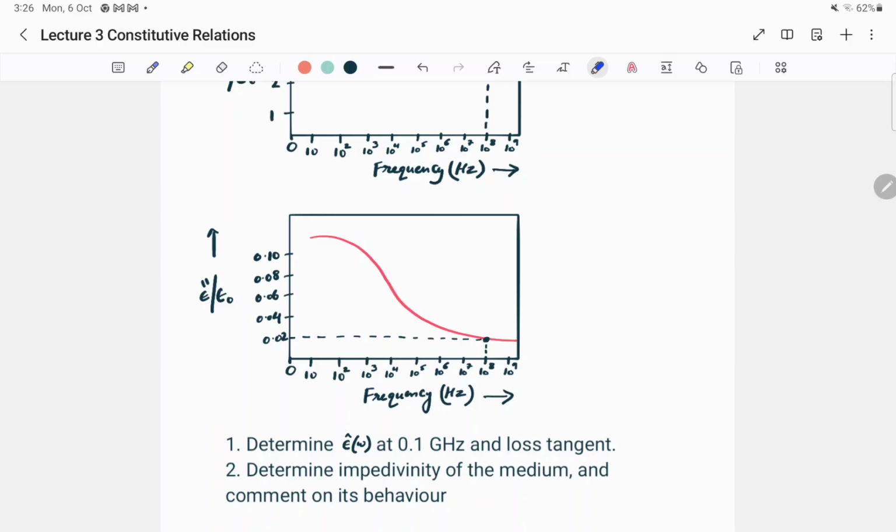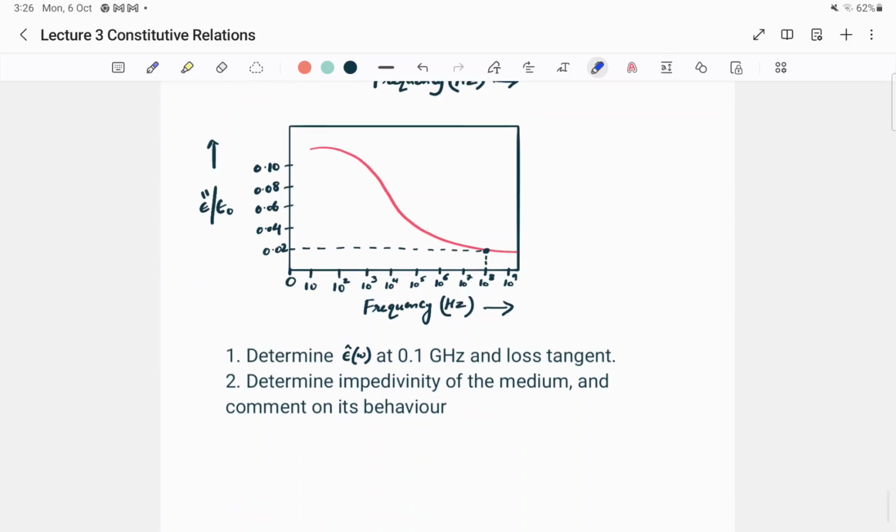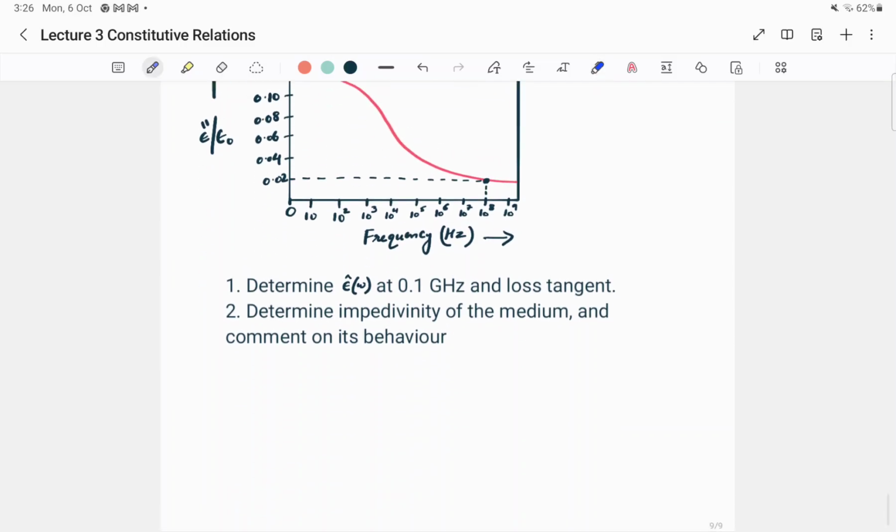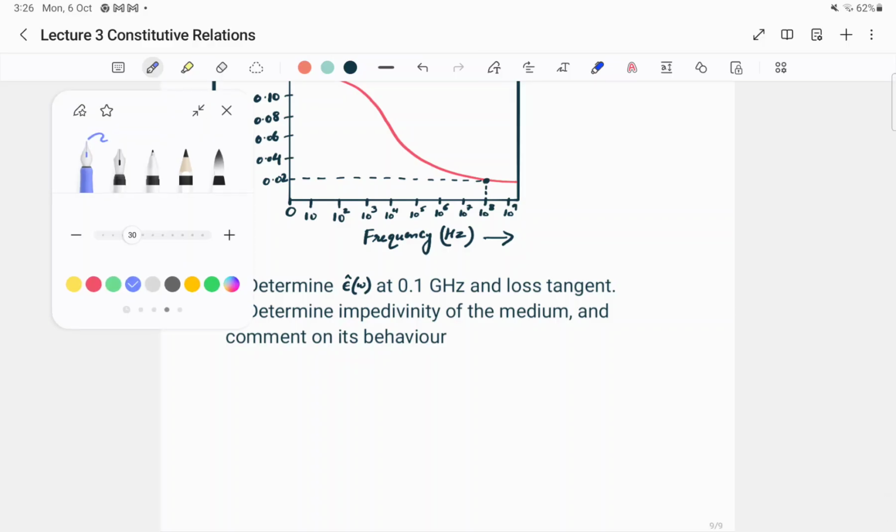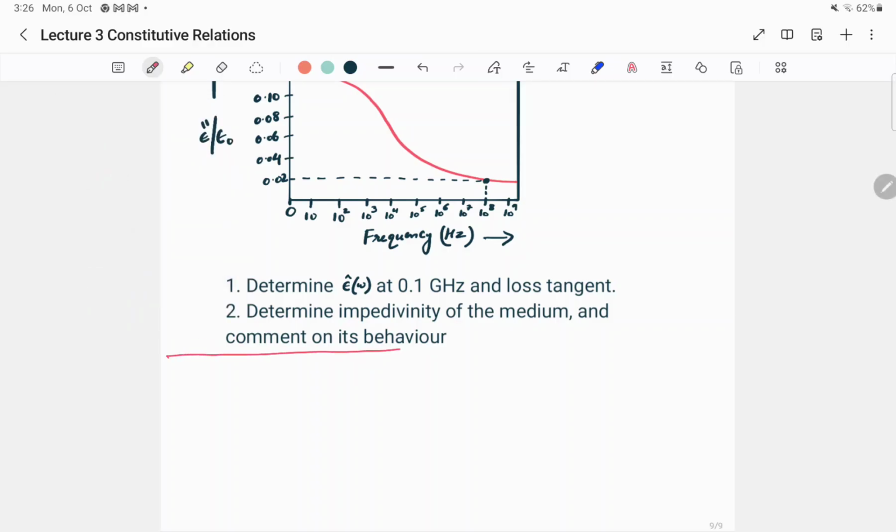Okay, so let's see how we can solve this. It's a very simple question. You have already seen the expressions. The first question says determine the complex permittivity of the medium. So epsilon cap of omega is epsilon prime minus j epsilon double prime.